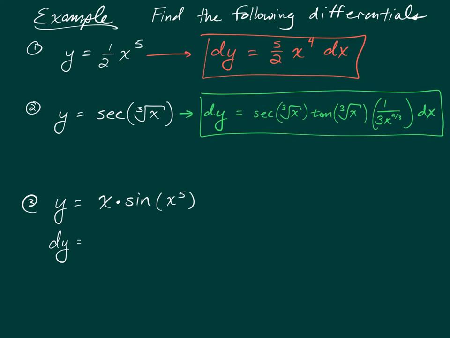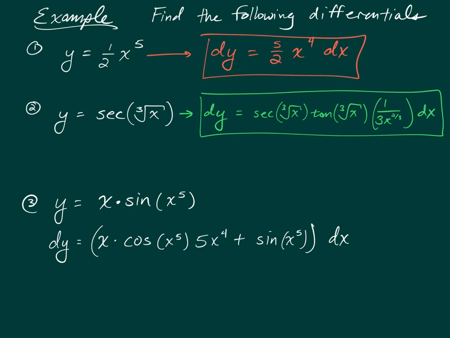So here we have the first function times the derivative of the second function, which would be cosine x to the 5th times 5x to the 4th, plus the second function, sine of x to the 5th, times the derivative of the first is 1. All of this multiplied by dx. The entire right side of the equation multiplied by dx.